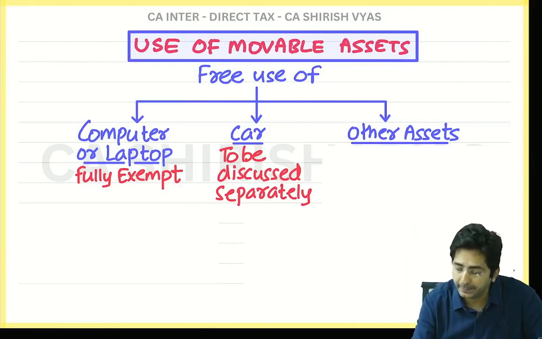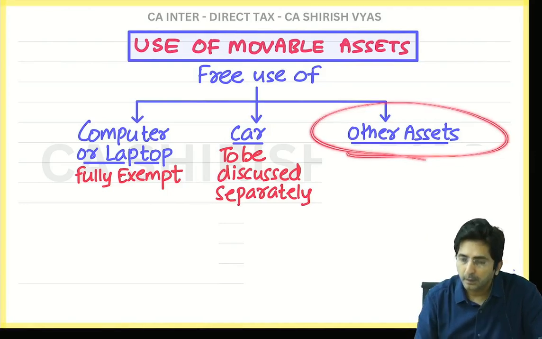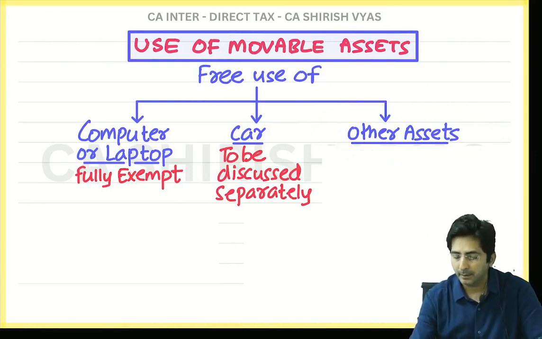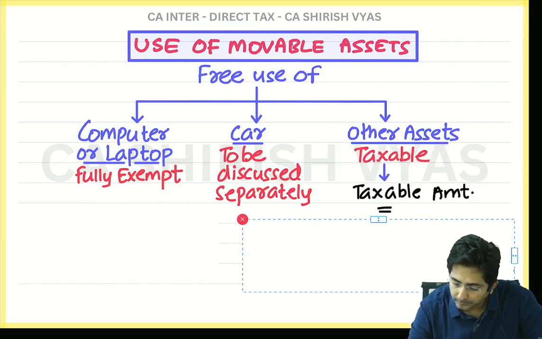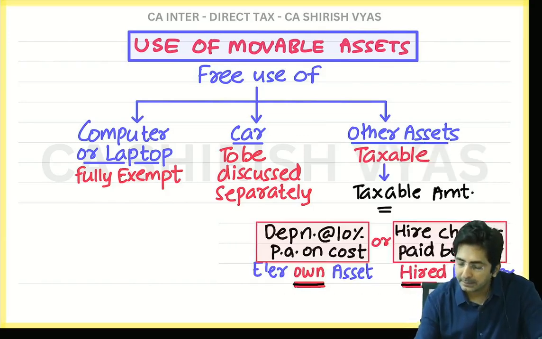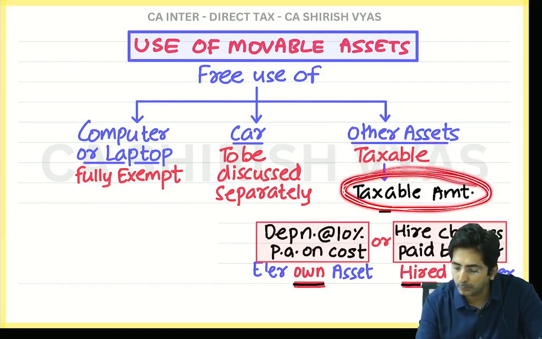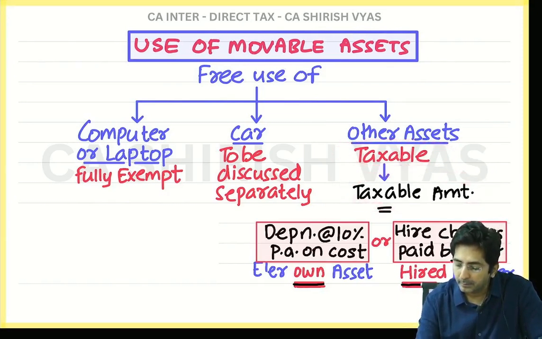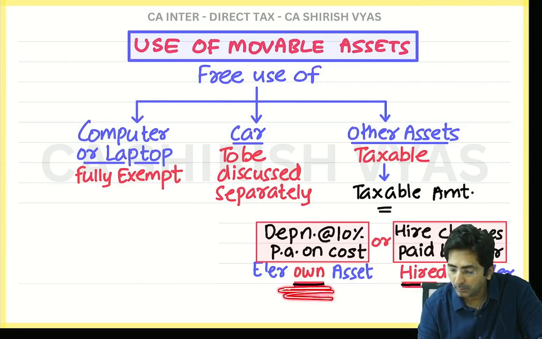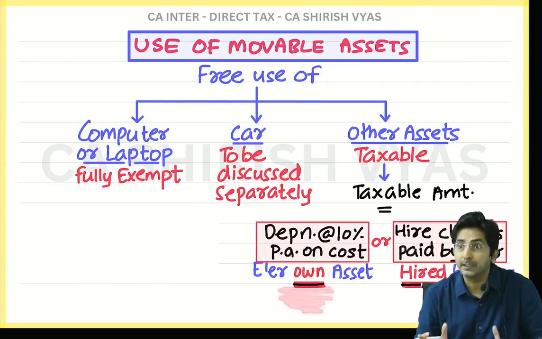Okay. And then what about other assets? The video camera which I gave, see I have written here, look. It is taxable. And for the taxable amount, in the outer column you will write depreciation at the rate of 10% per annum on cost, if the employer owns the asset, like if it is my own camera.